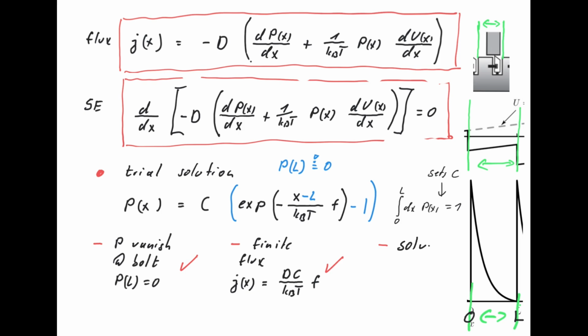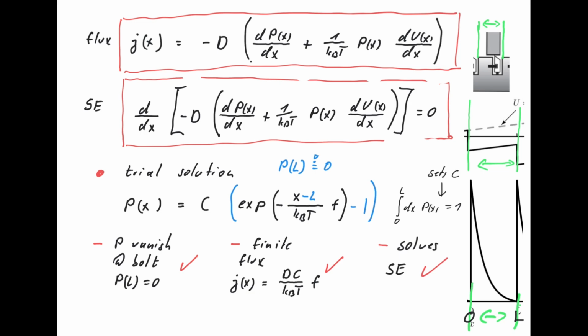Since this flux is independent of the position, it also solves the Smoluchowski equation. Maybe just a small side remark. If we would have taken the earlier trial function, which we didn't make symmetric with respect to the bolts, we would have found that there's zero flux in the system.